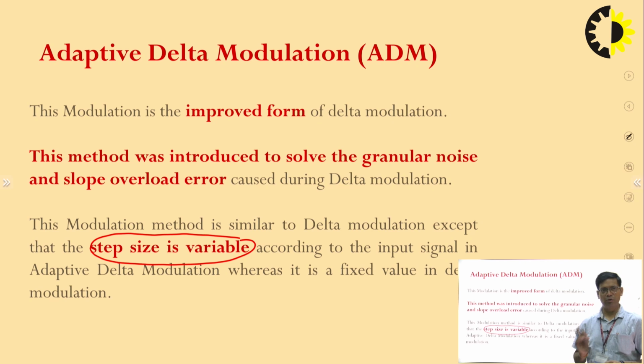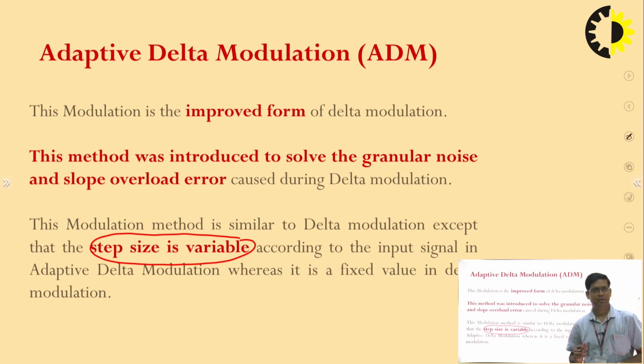Similarly, in case of granular noise, because the input is constant, if our step size is smaller, then we are closer to the message signal. So, if we can vary the step size as per our need, then the slope overload error and the granular noise error can be minimized to a great extent. So, that is the feature of adaptive delta modulation, where step size is variable.